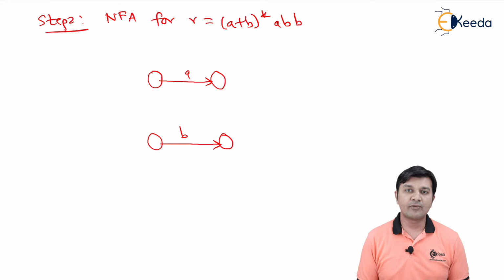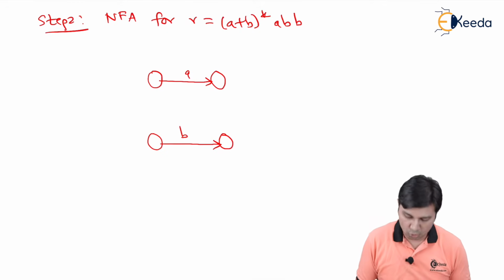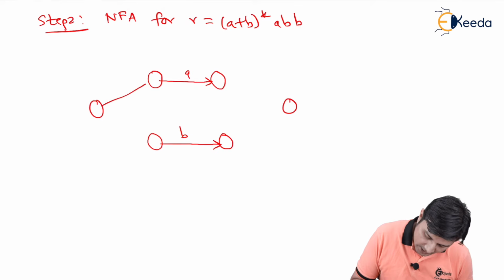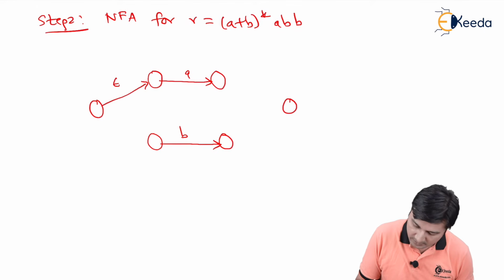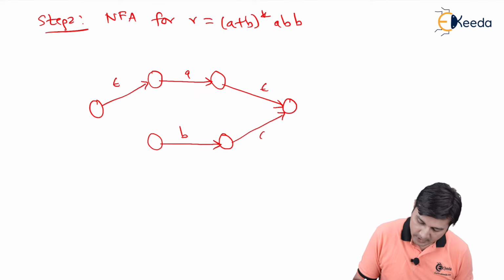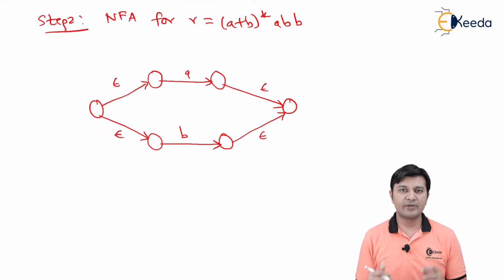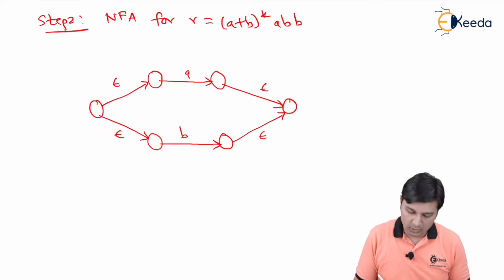Further, draw the NFA for A+B. That is my A and B connected by epsilon transitions. So the NFA for A+B is ready. Convert it to (A+B)*.